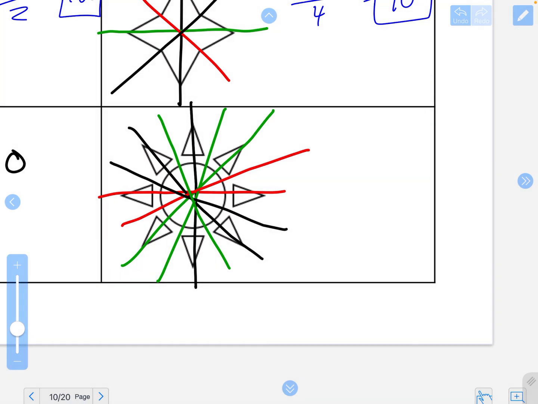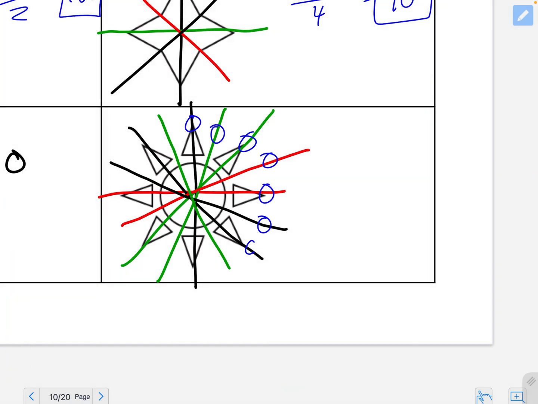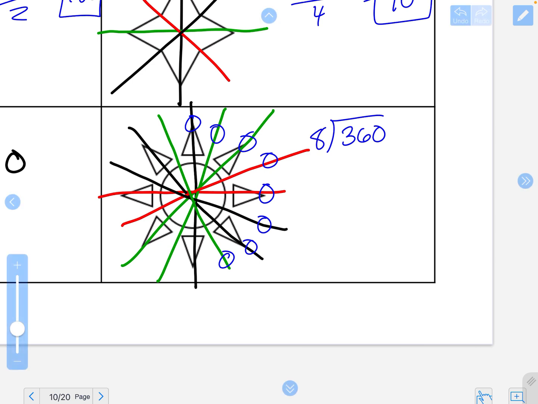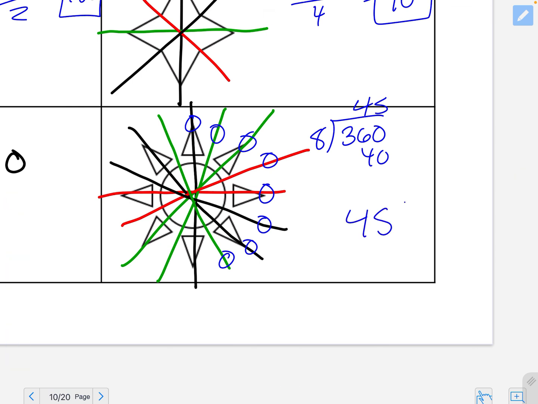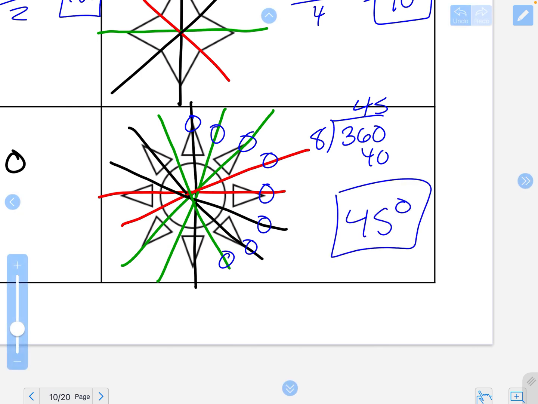So that gives us 1, 2, 3, 4, 5, 6, 7, 8 lines of symmetry. So we're going to take 360 and divide it by 8. So 8 will go into 36 4 times, which gives me a remainder of 4, which makes 40, which is 5. So it has 45 degrees of rotation.